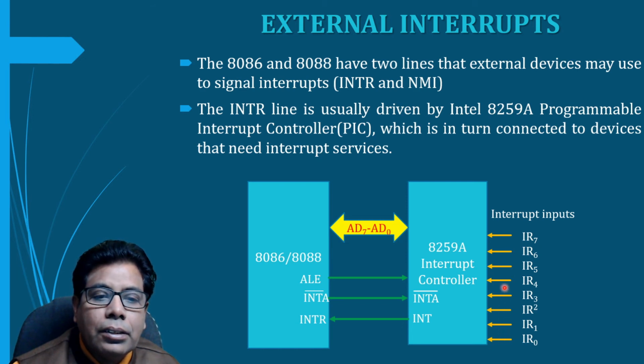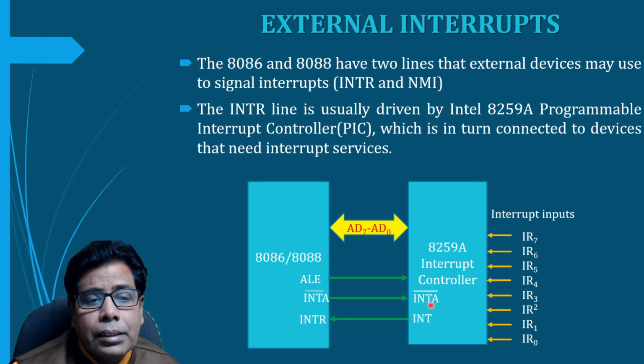When the 8259 gets a request on these lines, it will send the request to 8086 on the INTR with the help of this INT pin. Then the 8086 will send the acknowledgement on this line INTA bar, which is an active low signal.